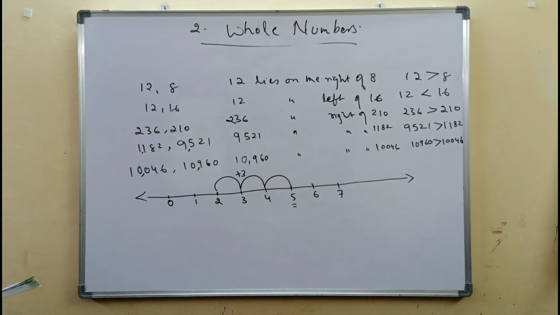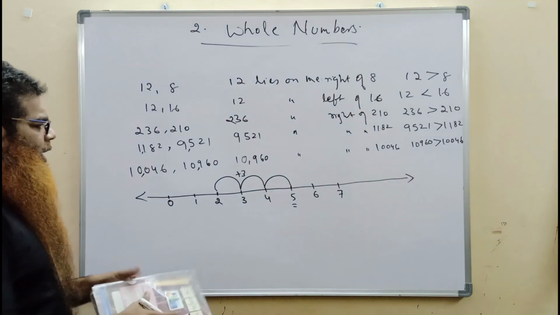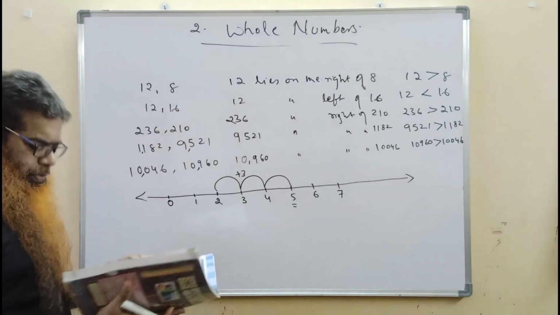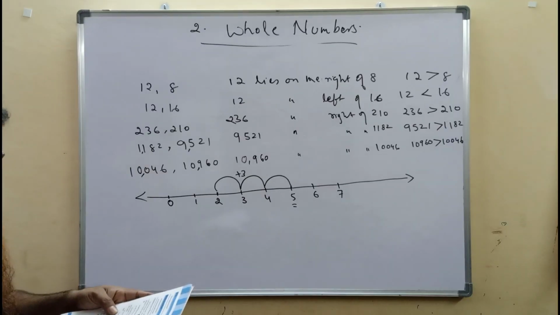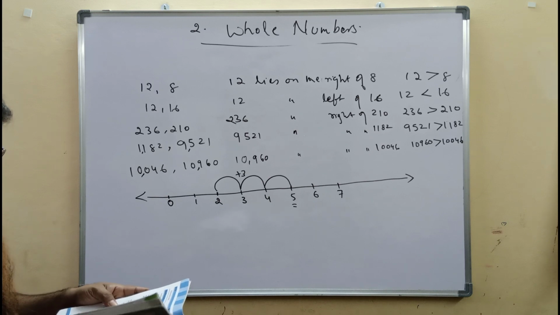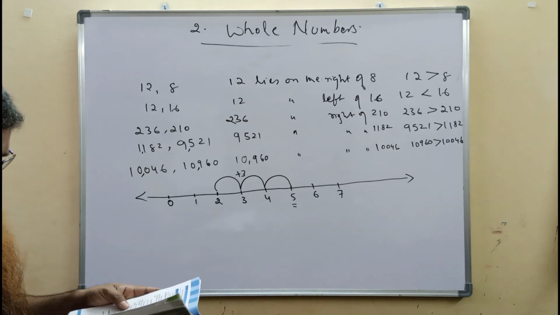Addition of whole numbers: start from 2, we add 3 to 2, we make 3 jumps to the right of 2 on the number line as shown above. We reach 5. So 2 plus 3 is equal to 5.